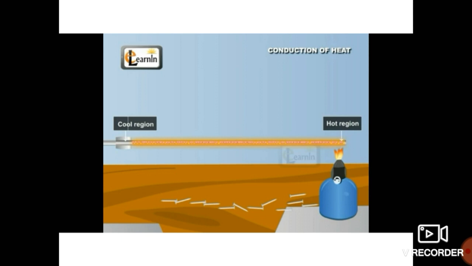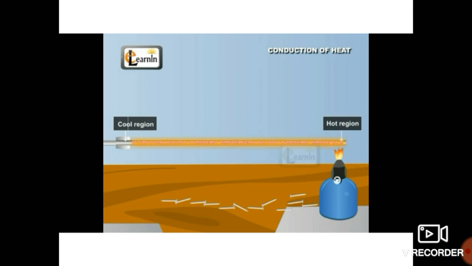But as we heat this rod at one end, what will happen inside the rod? The molecules in the rod absorb this heat energy and vibrate, and then they transfer this heat energy from one molecule to the neighboring molecules, and so on throughout the length.